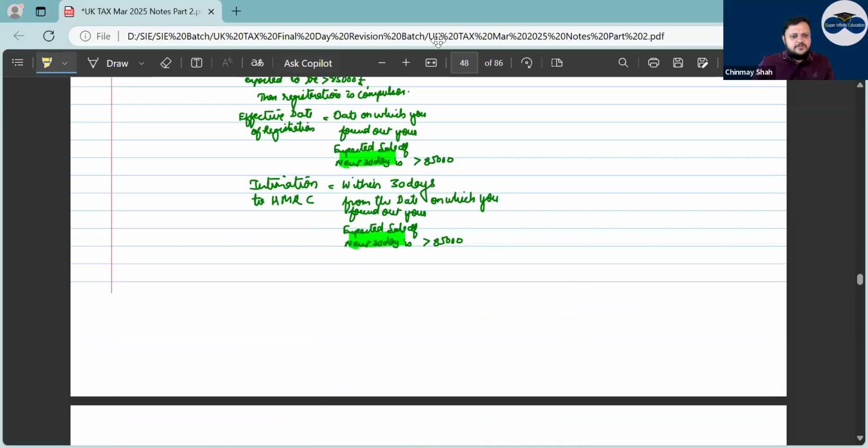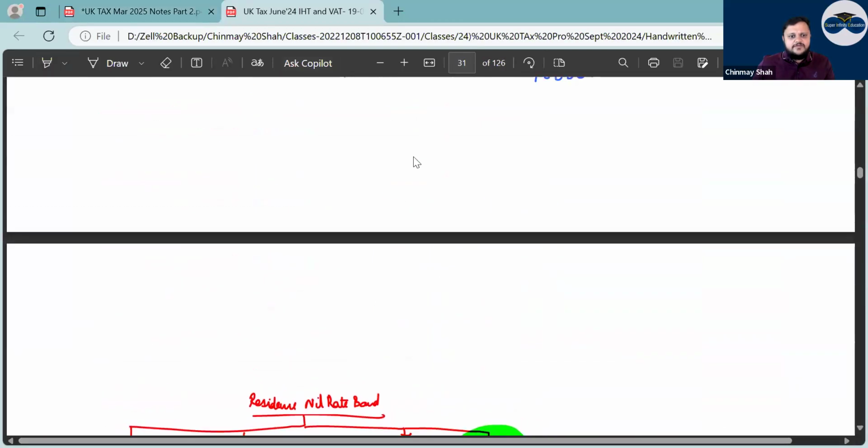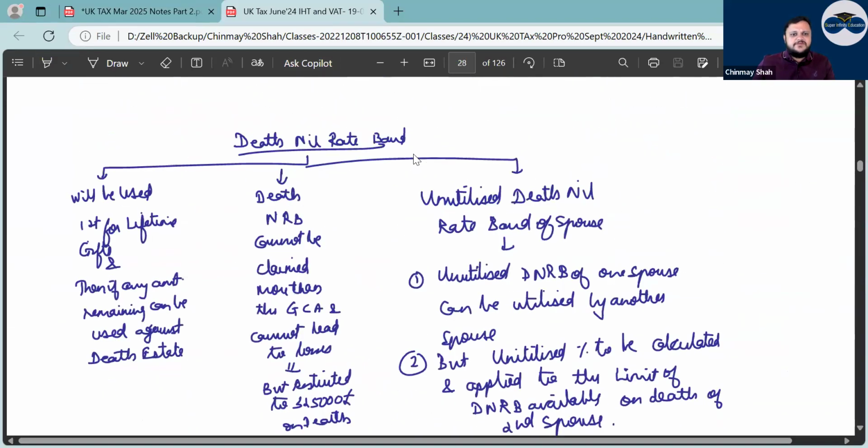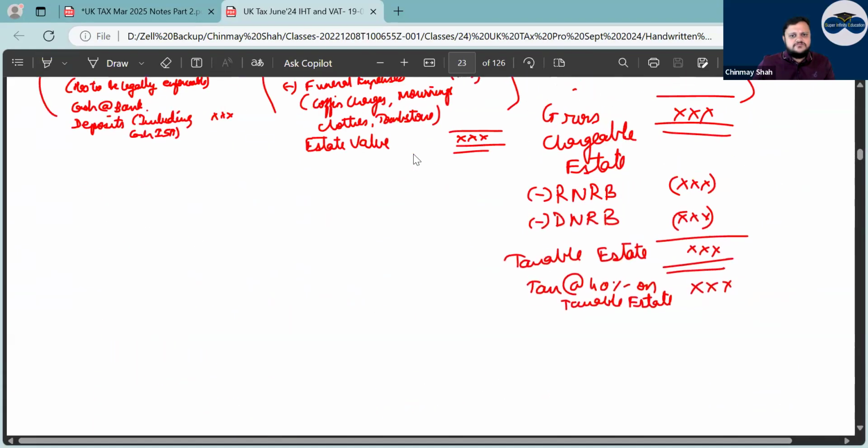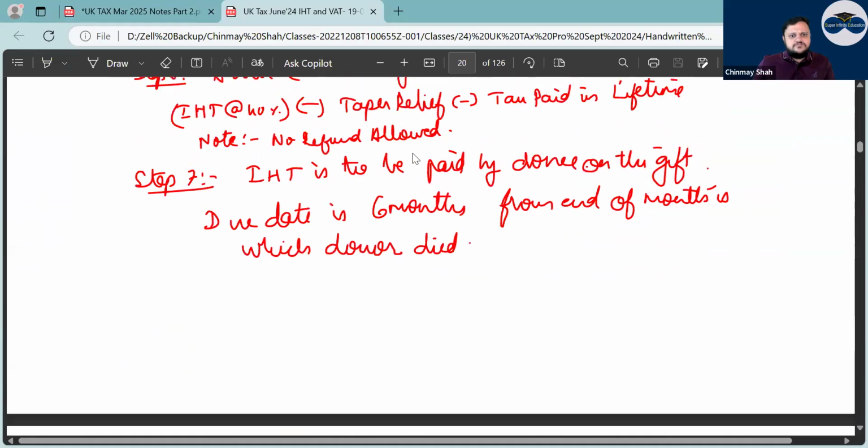Corporation tax. Where did it go? Have a look. Do you have the death part? Don't worry, I'll give you these many pages separately.